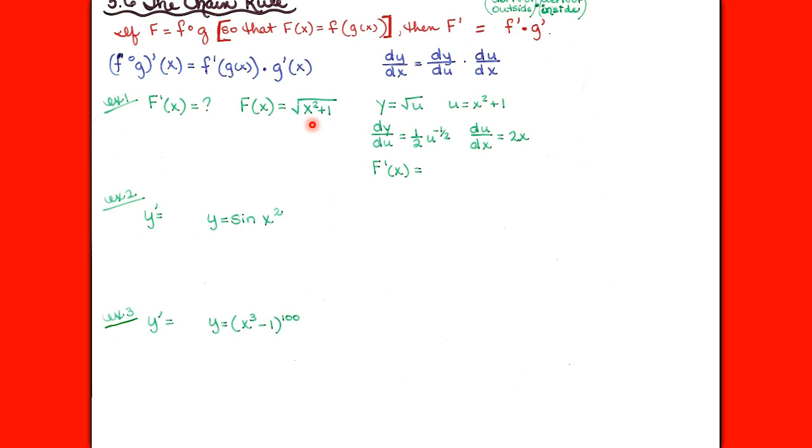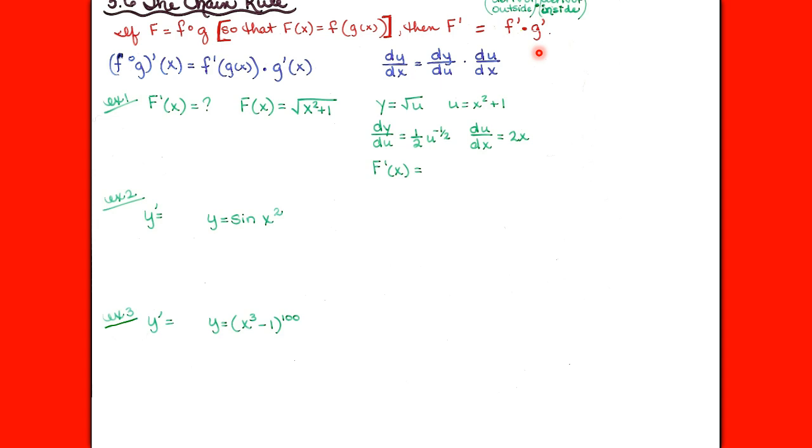So when I have a composition of functions like that, I'm going to need to use my chain rule in order to find the derivative. And here's what they give me for the definition of my chain rule. If your function is a composition of f and g, and you might prefer to write it this way, that's perfectly fine, then to find the derivative, you simply take the derivative of the outside function times the derivative of the inside function.